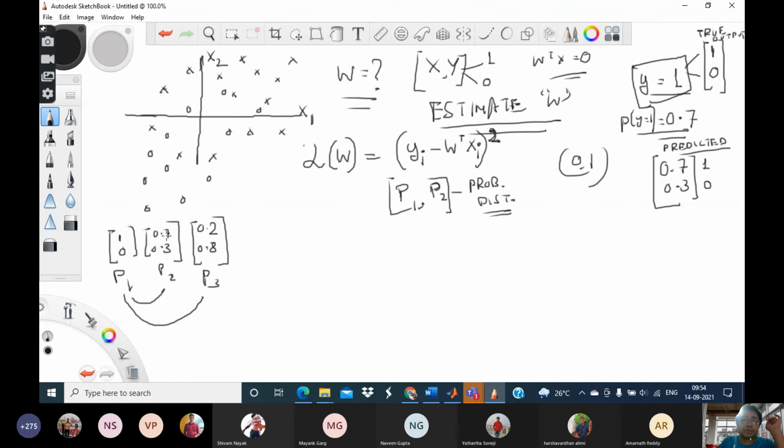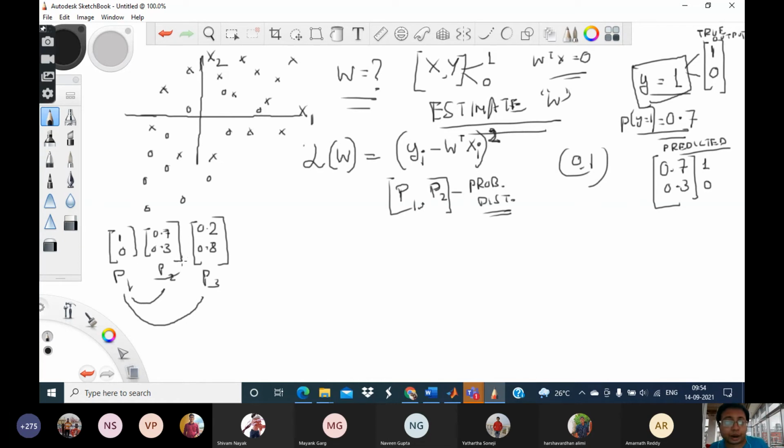P1 is saying that only the first thing will happen and the second thing will not happen deterministically. P2 is saying that the first thing is likely, but the second thing can also happen. P3 is saying it's the second thing which is almost sure to happen. So P1 and P3 are contradicting each other, but P1 and P2 are roughly agreeing. So we can say that P1 and P2 are closer to each other than P1 and P3.